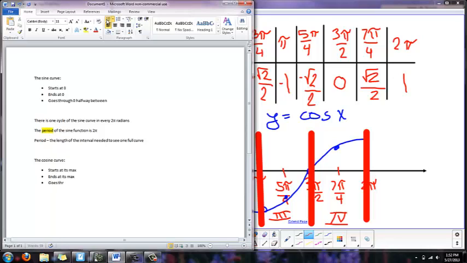Goes through its minimum, which is -1, halfway between. And between each max and min, it goes through 0. Okay?